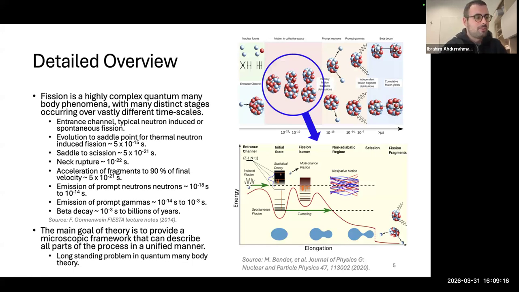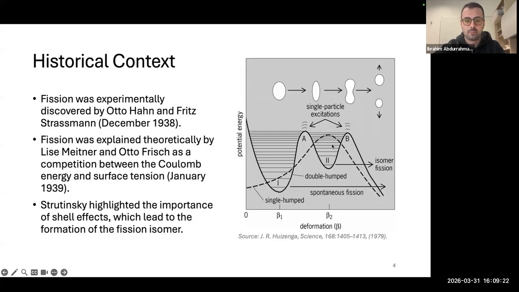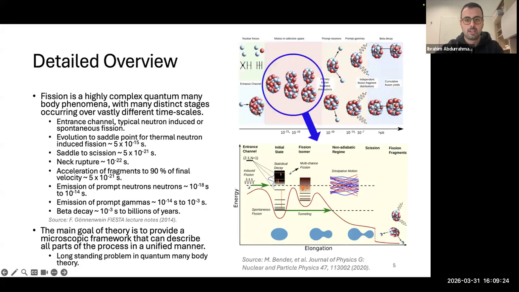All right, so a bit more detailed overview of fission. This is a very simplified, intuitive picture. You can think of fission in terms of all of the different subparts of the process. And the thing that really makes fission a nice quantum many-body problem to tackle is its incredible complexity.